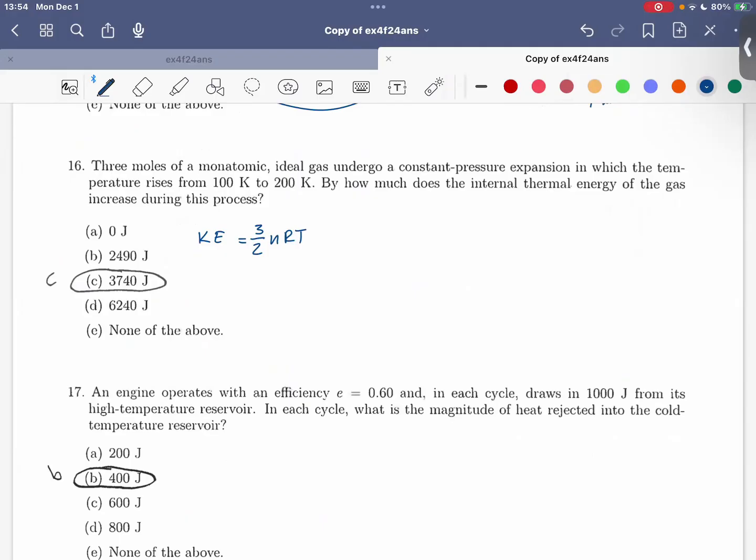Okay, and so then when we multiply everything out, 3 halves times 3 moles times 8.314 joules per mole Kelvin times our temperature change, which is 100 Kelvin. That should give us the correct answer.